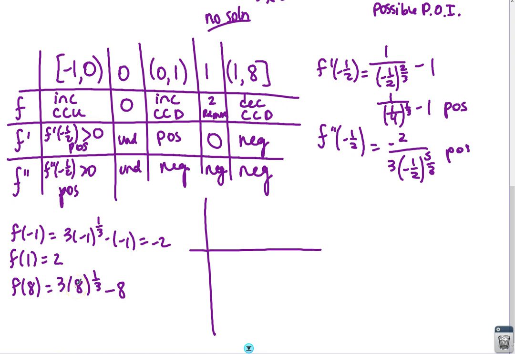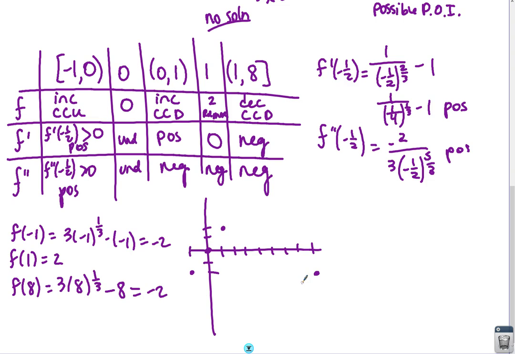Cube root of 8 is 2, times 3 is 6, minus 8 is -2. Okay, so we've got a -1, -2. At 0, we were at 0, over 1, up 2, and then at 8, all the way down to -2.